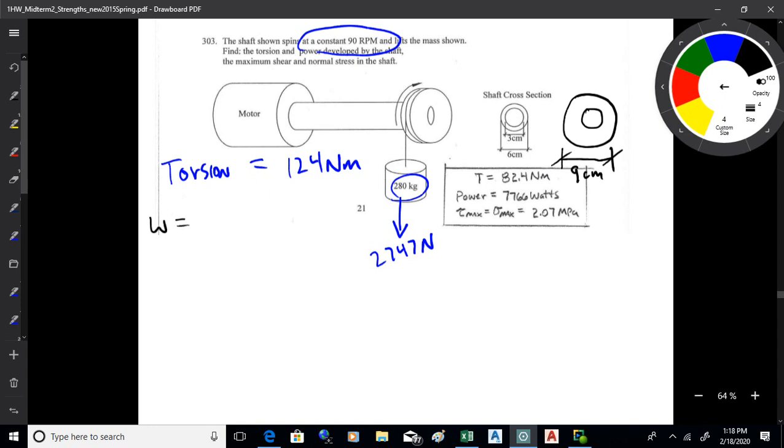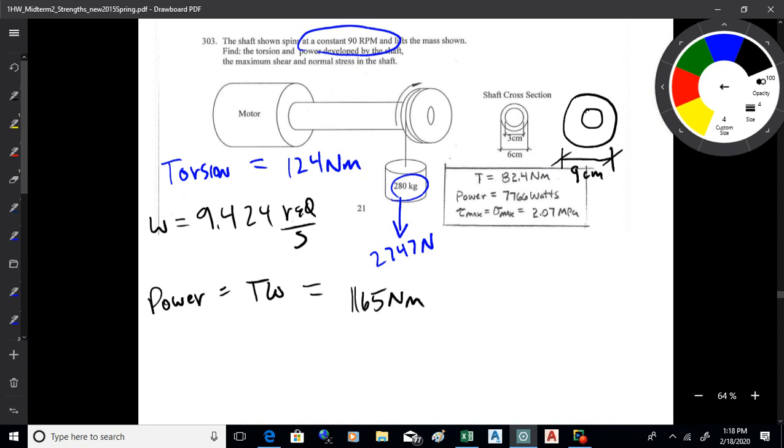Find omega, and again, you got to watch your units on this torsion stuff. It just seems to be something that comes up a lot. All right. Now, once you've got that, you should be able to come up with the power. It's going to be whatever you got for the torsion times omega, and that's going to be 1165 Newton meters per second. There we go.